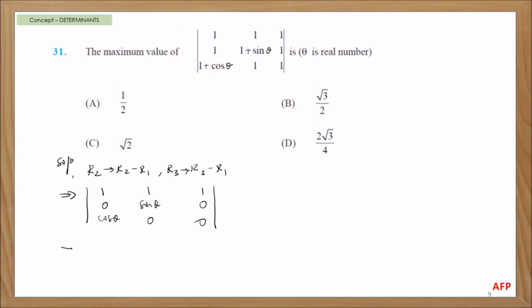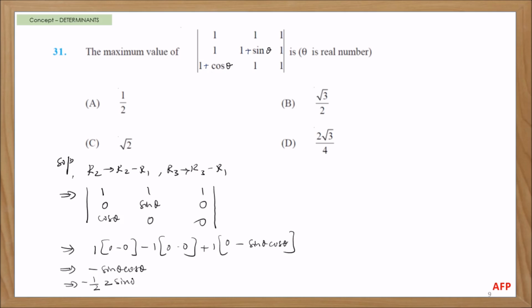So when you go for expansion, 0 minus 0 minus 1, 0 minus 0 plus 1. Okay, so 0 minus sin theta cos theta we got. So this implies minus sin theta cos theta. So multiply and divide by 2, you get the sin 2 theta formula.